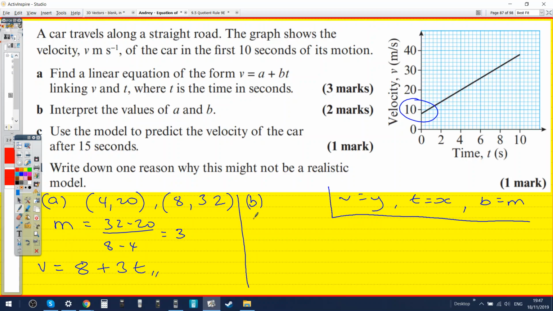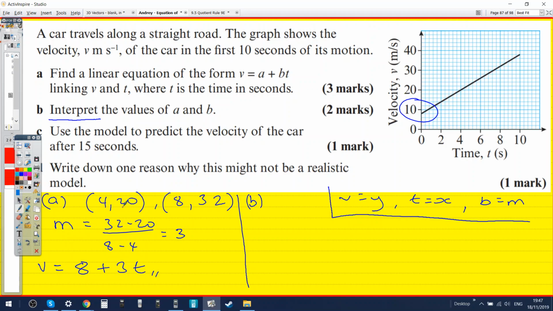Okay, question B. Interpret the values of a and b. So b is just the gradient. Interpret means in the context of the question. So is a the velocity if b is 0 or something like that?